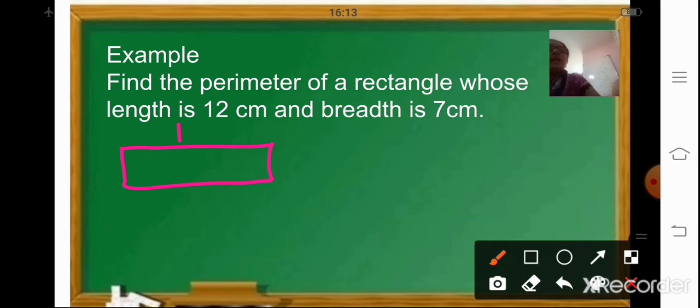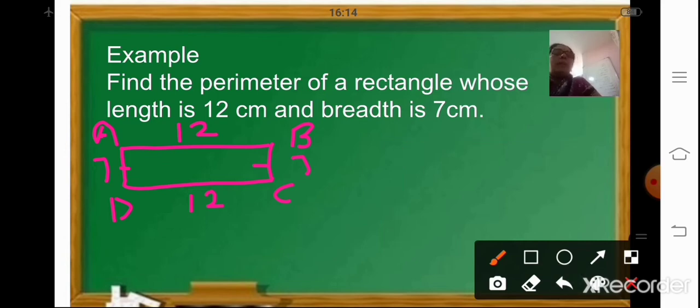If I take this side as 12 centimeter, this also will be 12, and let me name it as A, B, C and D. And if the breadth is 7 centimeter, this also will be 7 centimeter. You can take the length as this side and the breadth as this side, any way you can take.